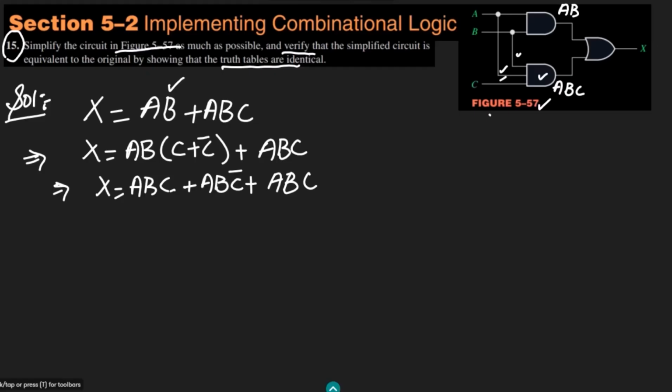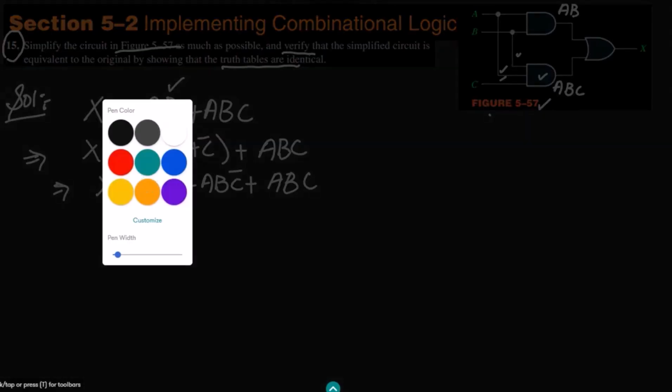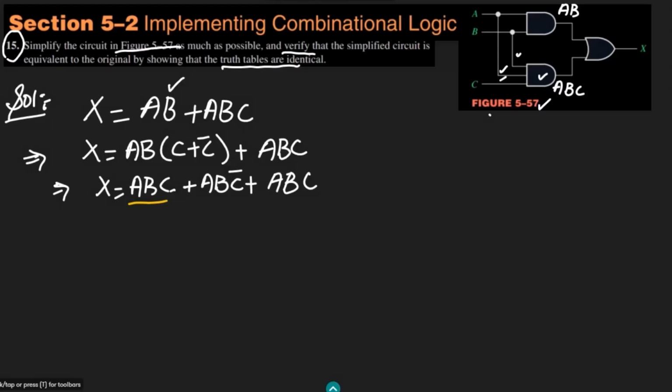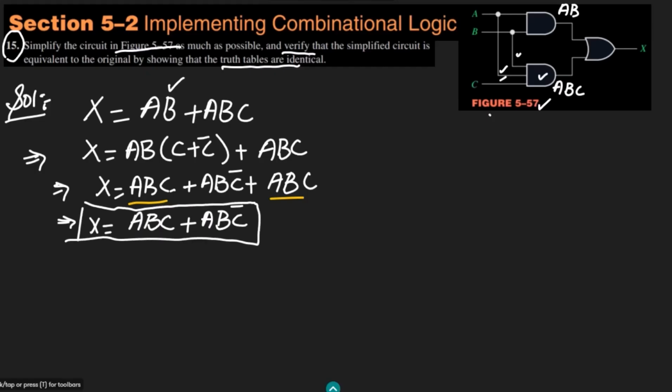Okay, we can see that these two terms are identical, and according to the rules ABC plus ABC is equal to ABC. Therefore the output X will be ABC plus ABC complement.